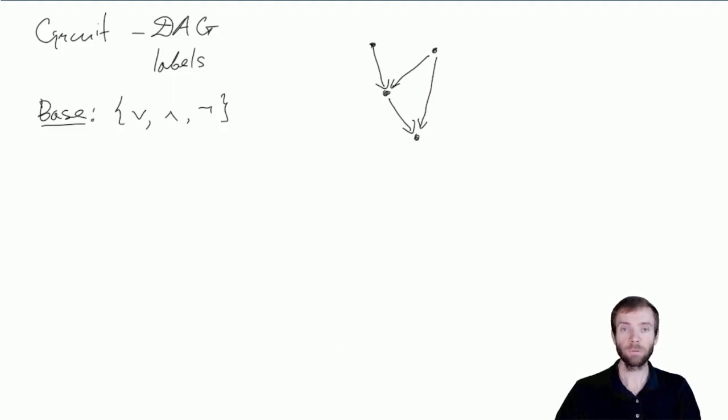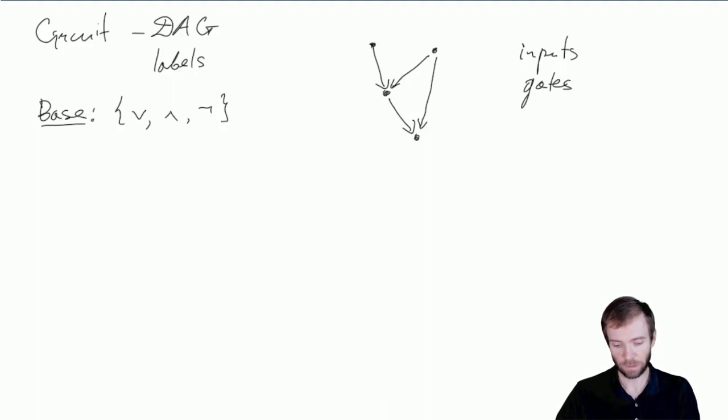Now we need to label our nodes, and the nodes are labeled with three types of labels. So every node is labeled as either an input node of a circuit or a gate node. So we have inputs and we have gates. Gates are the actual Boolean operations that we have.